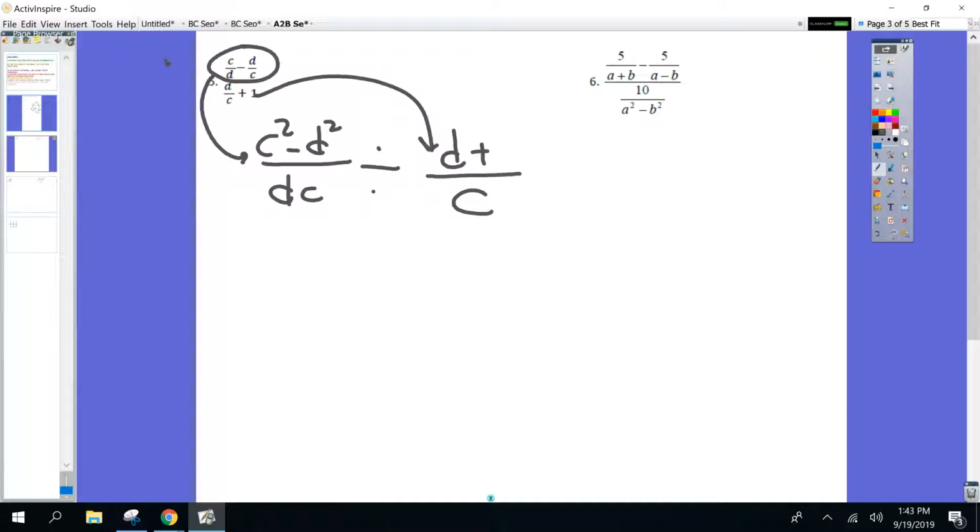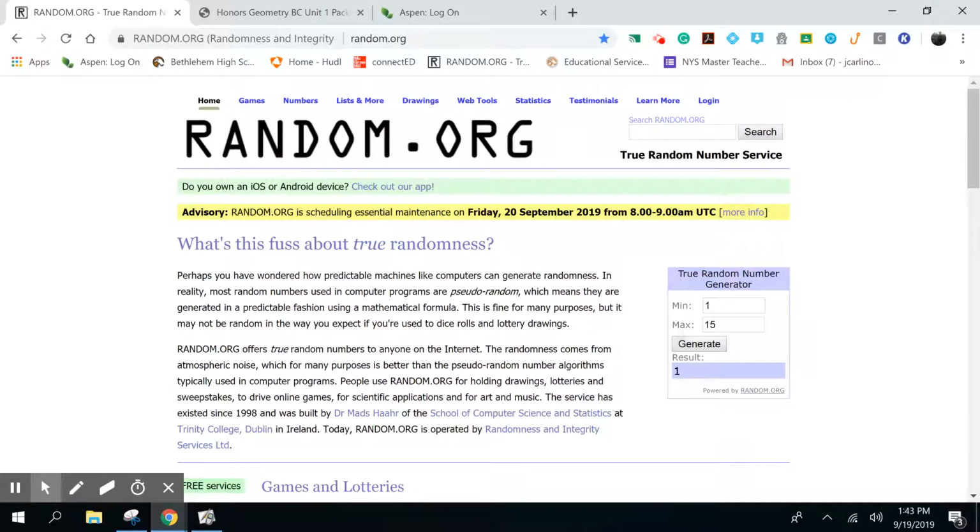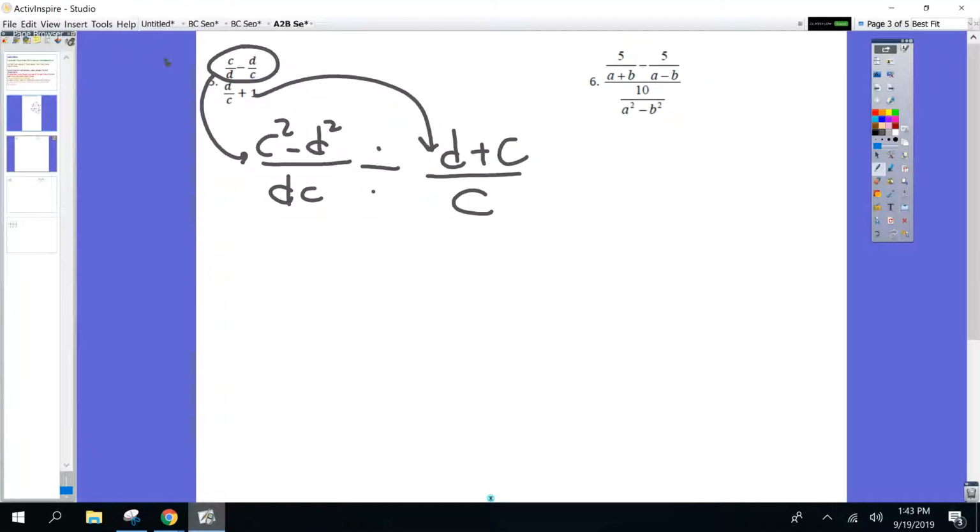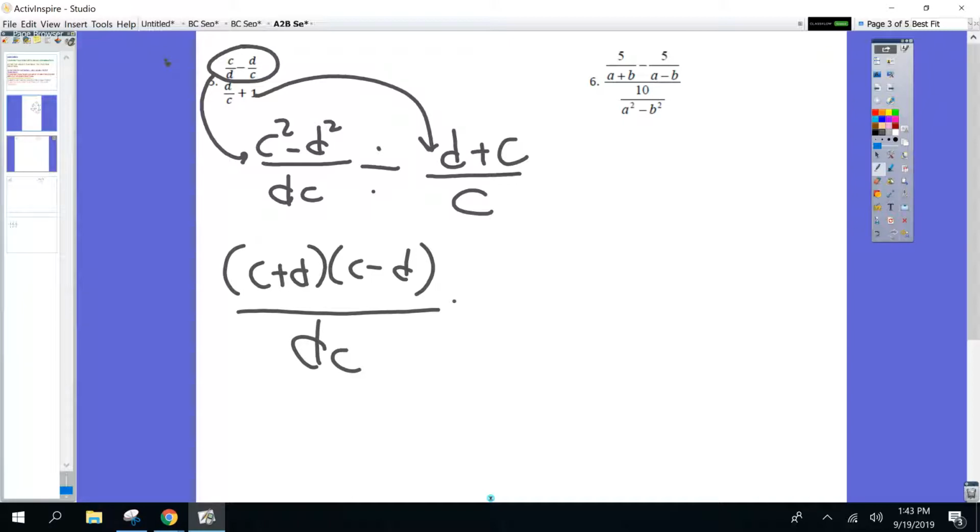And then plus C, because I had to do 1 times C. Yep. Factor, multiply, flip. 3. What can I factor C squared minus D squared into? Multiply, flip.